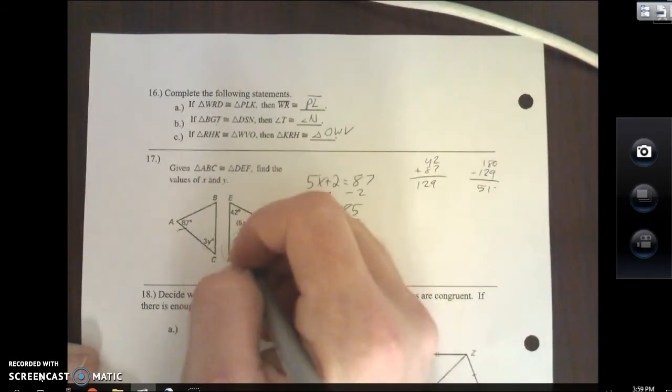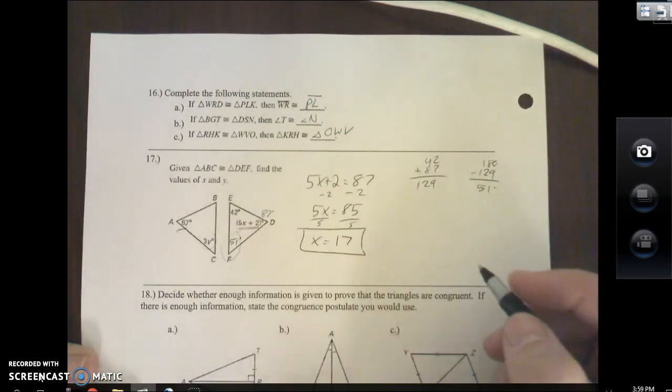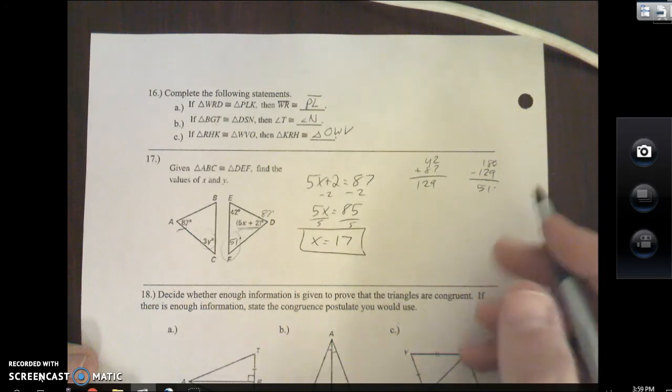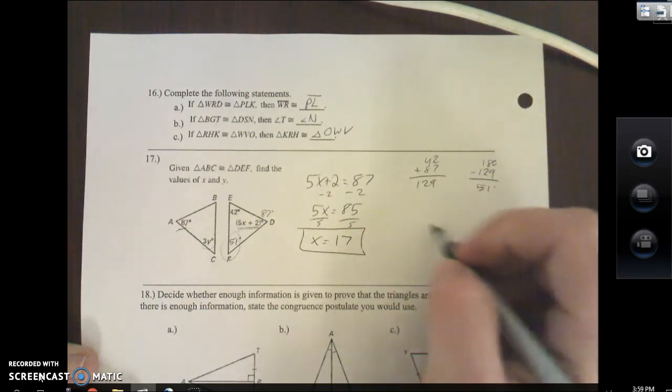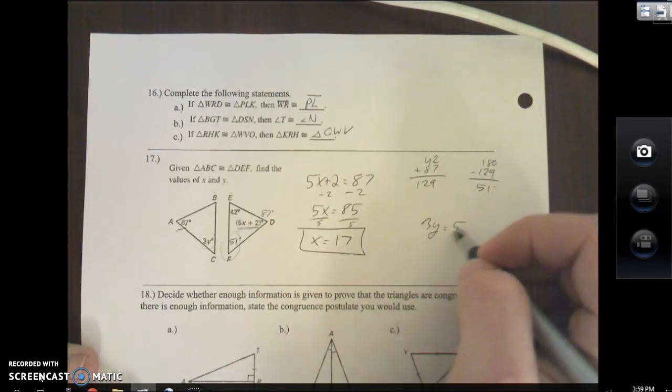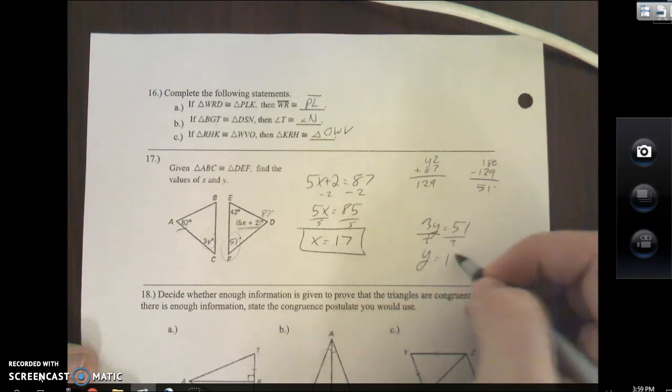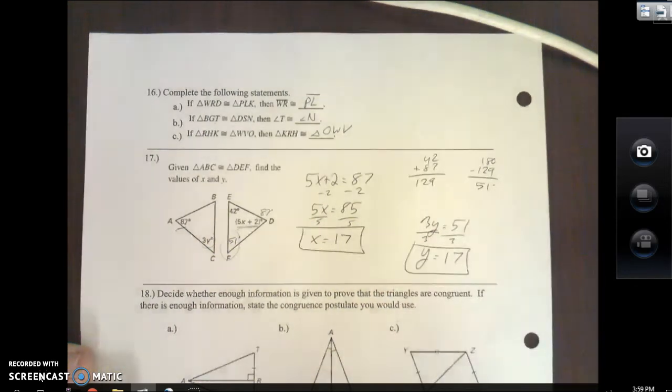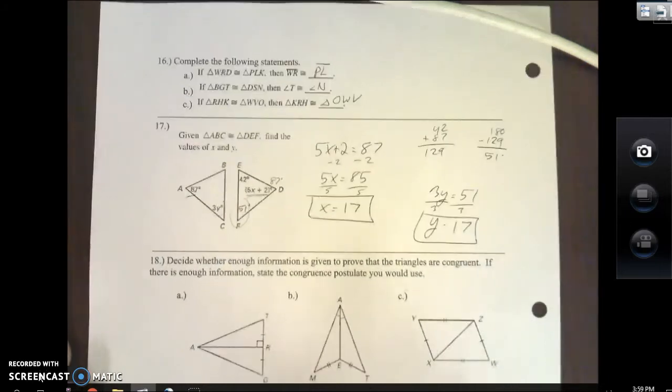So that means that F has to be 51 degrees. So you have to do a little sleuthing first. Well then, all I got to do is say 3y equals 51, divide by 3, y equals 17. Cool. So 17, 17.